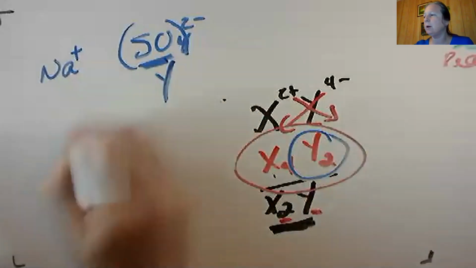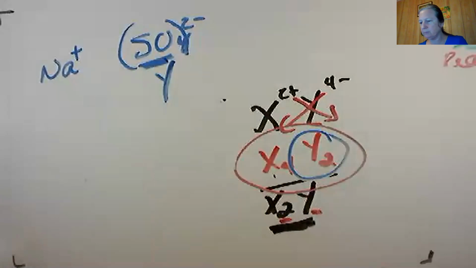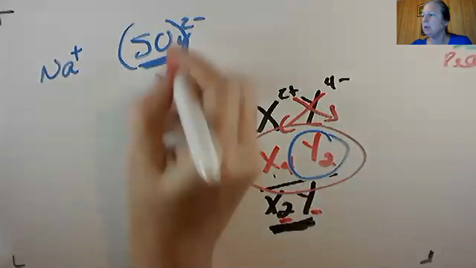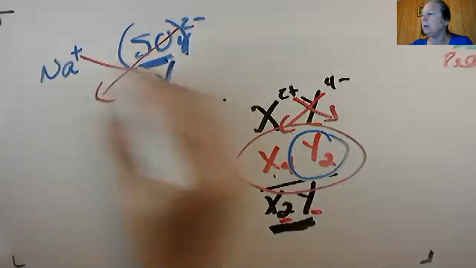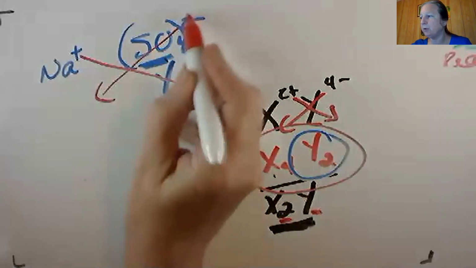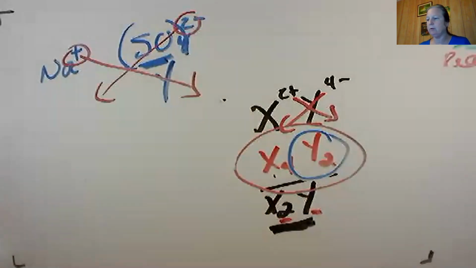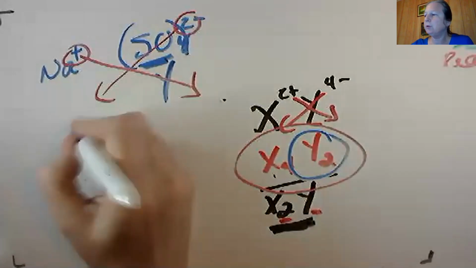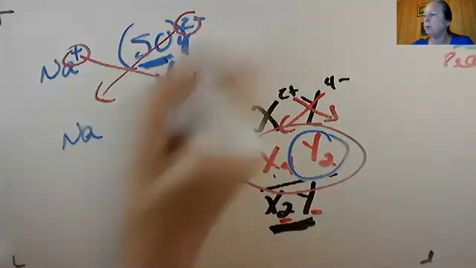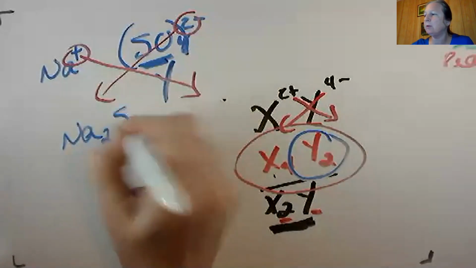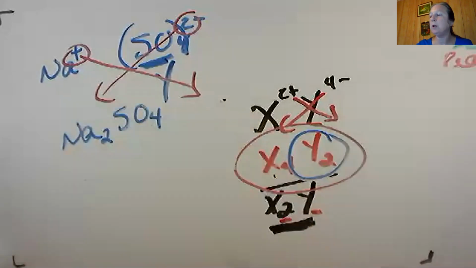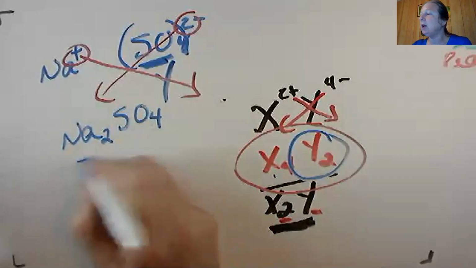So if I crisscross, the 2 will go down here and the 1 will go over there, the numbers, not the elements. So we have sodium. I pull the 2 over here because of my crisscross. I don't pull a 1 down there. We don't add 1. So this is how you would write that.